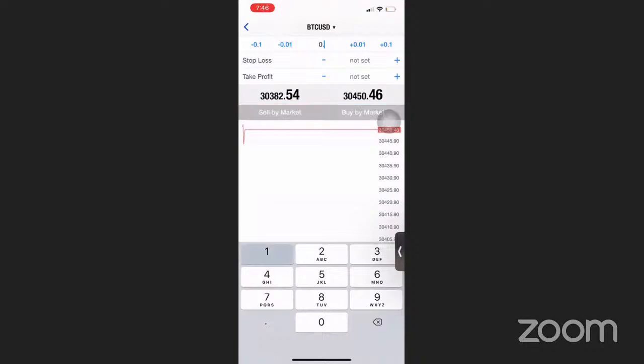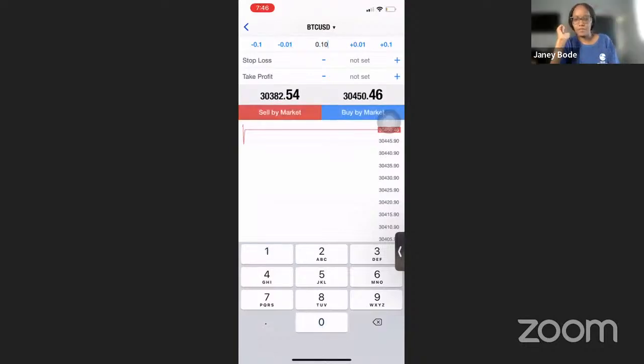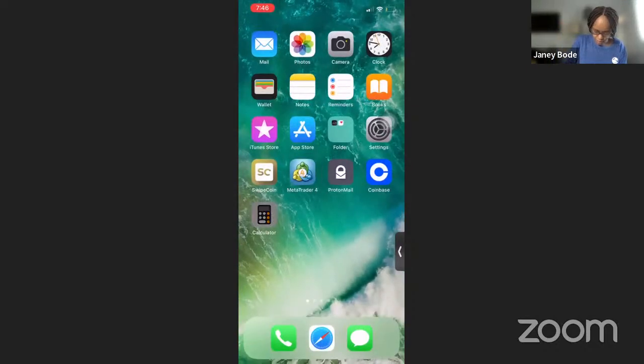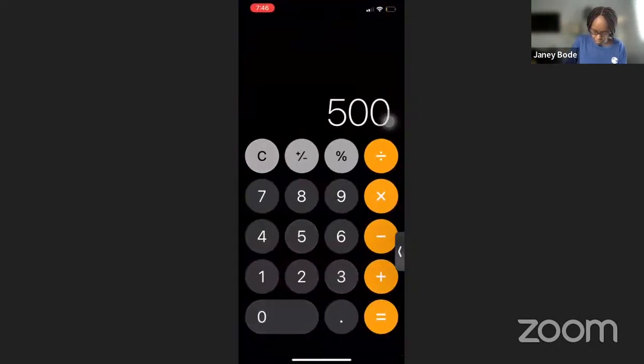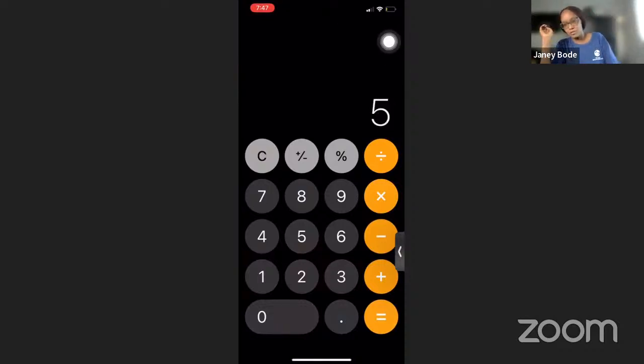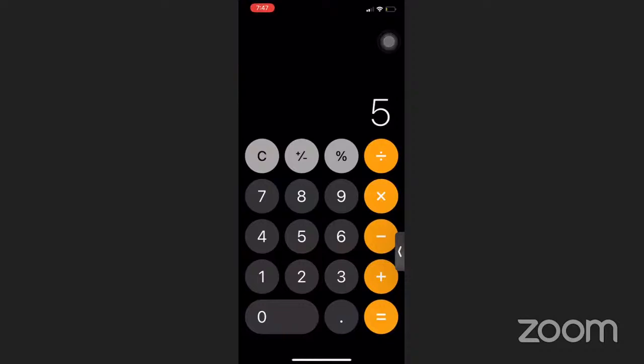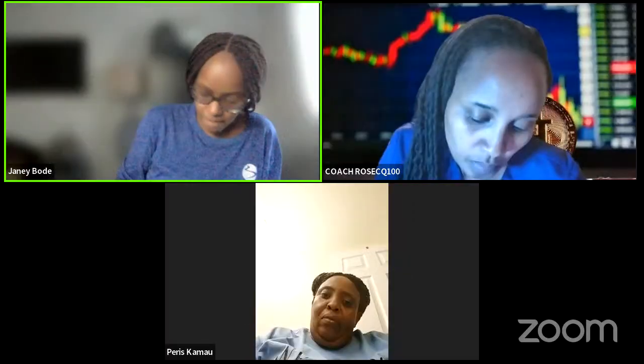If you set it to 0.10 and it's $500, you're just saying, I'm going to take times 0.10, so you're literally just taking $5. Good questions. Thank you. You're welcome.